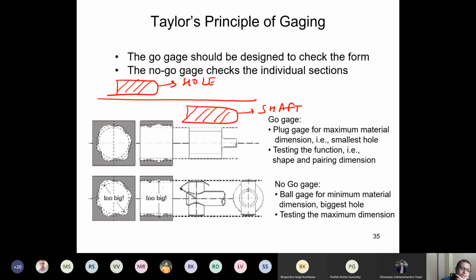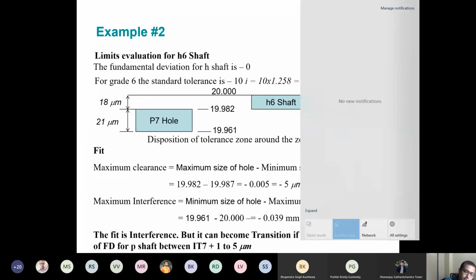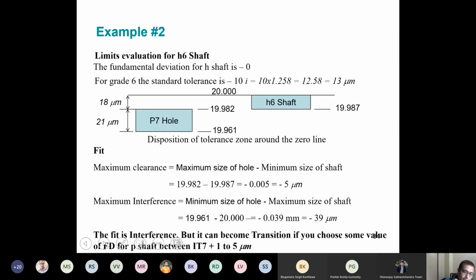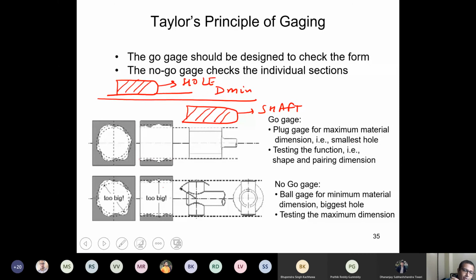If I have this hole, my go gauge should ideally be equal to this size, right? Should be equal to my D min, right? If it is D min, it should always go, right? So ideally, the gauge should be D min.